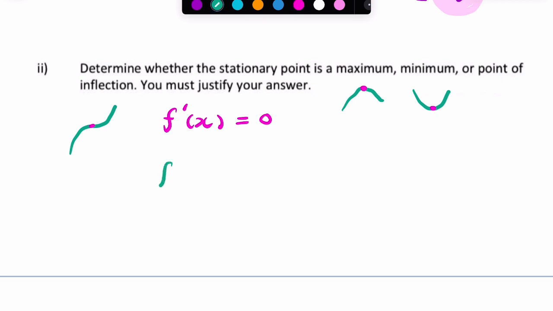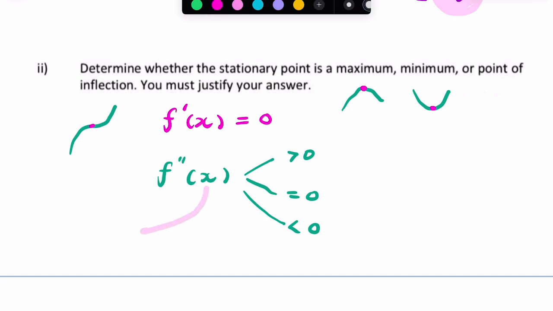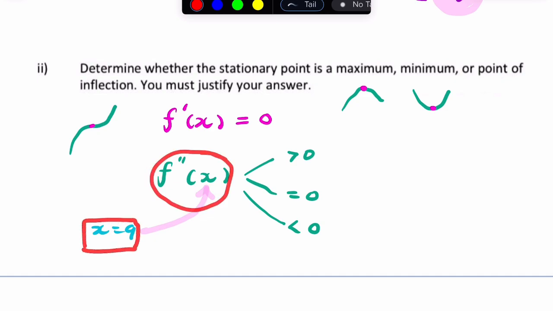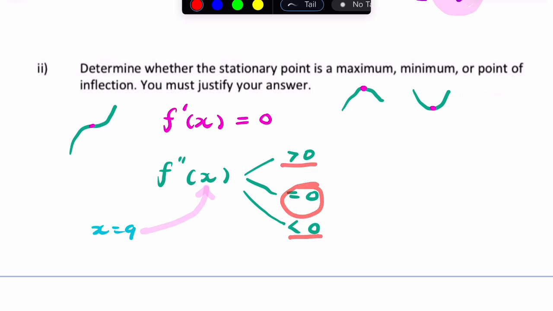Well, the difference is in the second derivative. So that means the derivative of the derivative. So the second derivative can either be positive, 0, or negative. And this will be at the point where x equals 9. So we find the second derivative, we substitute the value we found, x equals 9, and we check, is it positive, is it negative, or equal to 0.